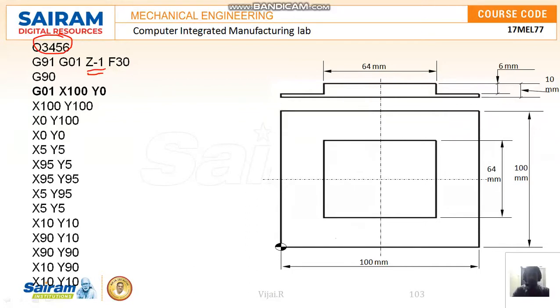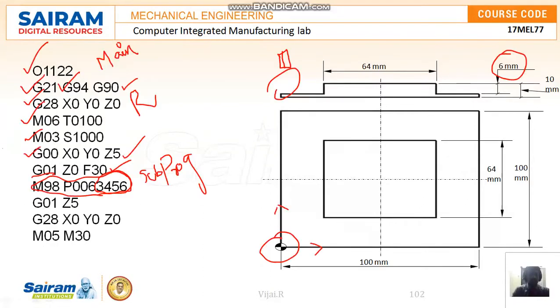So first it will take 1 mm depth, then again it will cover fully, then we will go for another 1 mm. Like that it will go. So instead of 6 mm at once, we are going to call the program, and it has to do 6 times: P006 times of the subprogram.